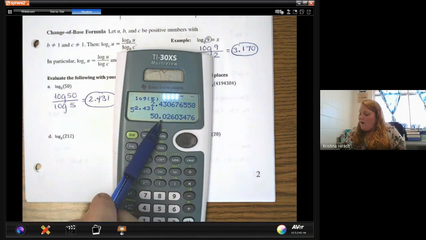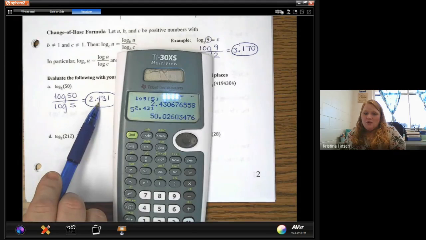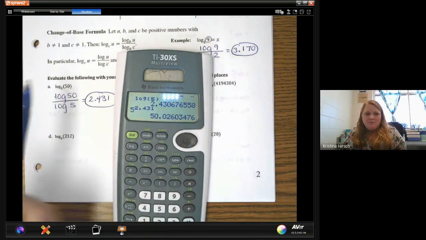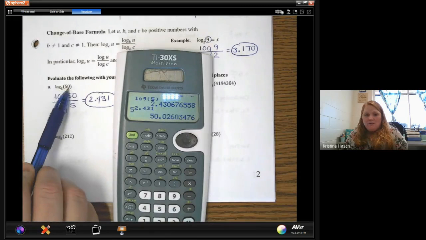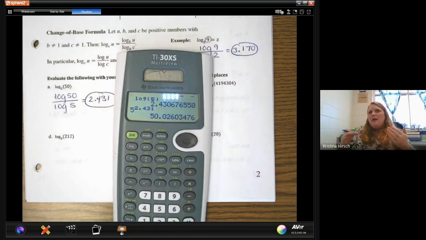It's a little bit off because I rounded, so it's rounding error. But really, I'm asking 5 to what power gives me 50? If you think about your exponents, that will help you at least predict your answer.